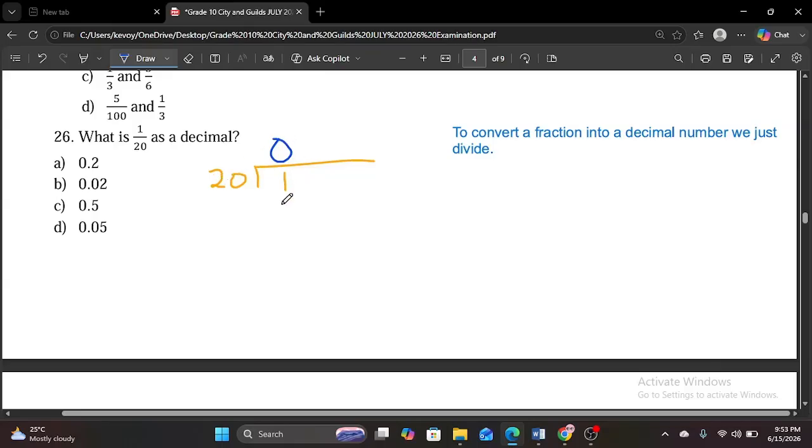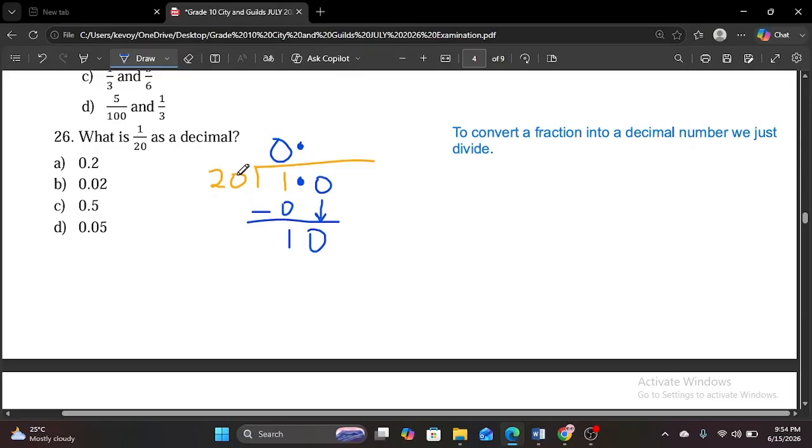So 0 times 20 is 0. After you multiply, you subtract. So 1 minus 0 is 1. After we subtract, we bring down. What is there to bring down? Nothing. So you put a decimal point right here, and you put a decimal point in your answer. We add that 0 after the decimal point so we can bring it down. So we're going to have 10.